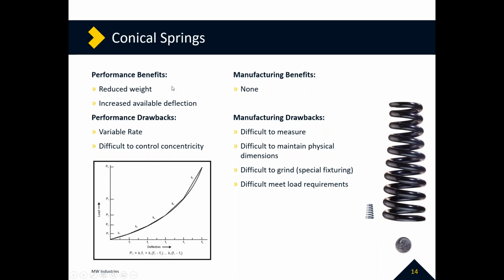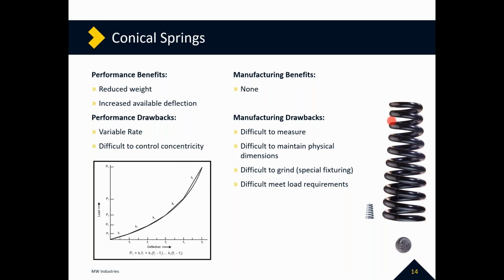Conical springs. Again, we'll talk about some performance and manufacturing benefits and drawbacks. Some of the benefits: reduced weight. Conical spring, the shape of it, actually, if you stood the same cylindrical spring with the same base OD, that one would be heavier than this one. Increased deflection. And this comes back to, as I talked about, solid height constraint.